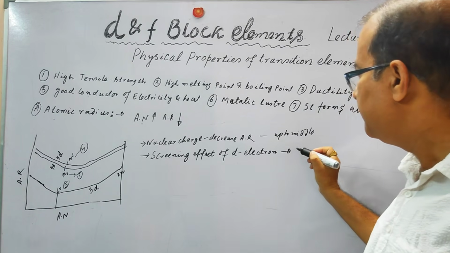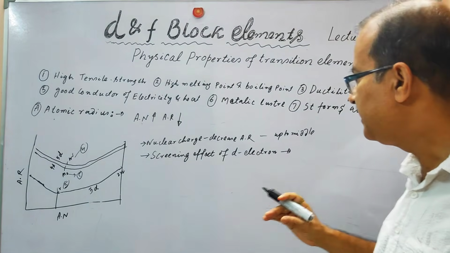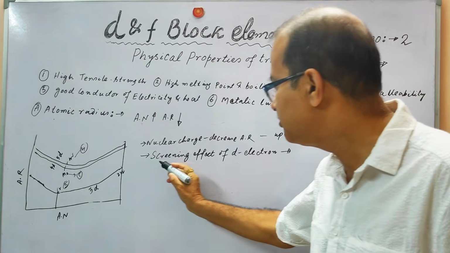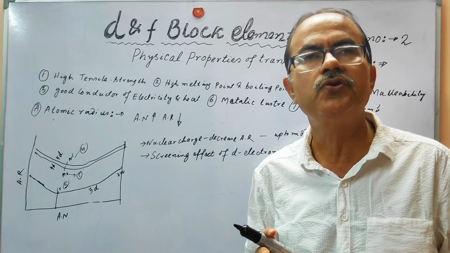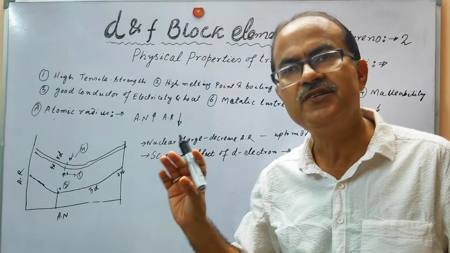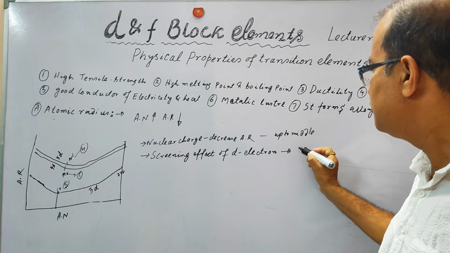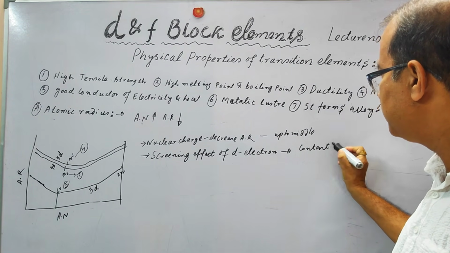Then it does not decrease the diameter further, because due to this screening effect the outside electron does not face the effective nuclear charge so much, so it will make the diameter constant.